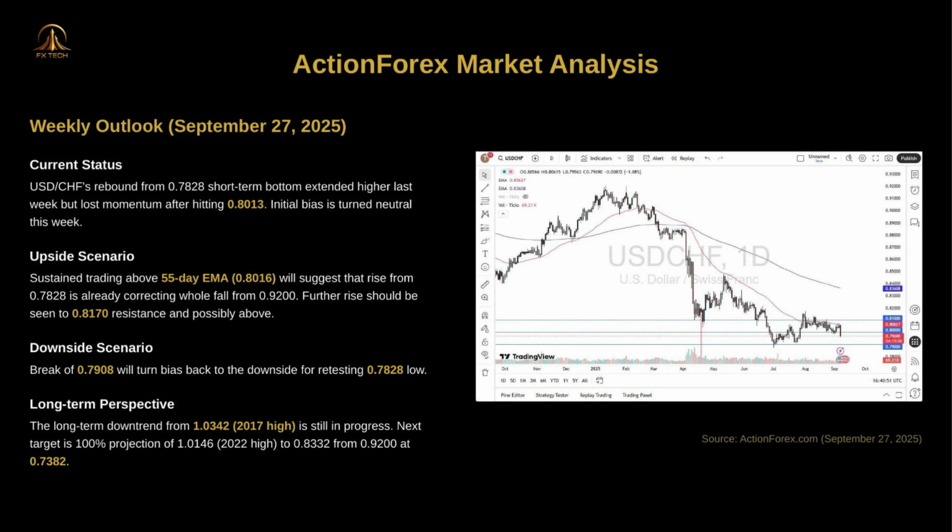Looking at potential scenarios, a sustained move above the 55-day EMA at 0.8016 would suggest that the rise from 0.7828 is correcting the entire fall from 0.92, potentially targeting the 0.817 resistance level. Conversely, a break below 0.7908 would shift buyers back to the downside, likely retesting the 0.7828 low.